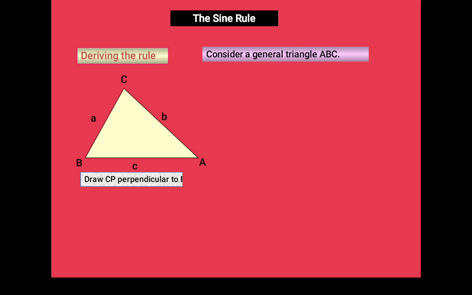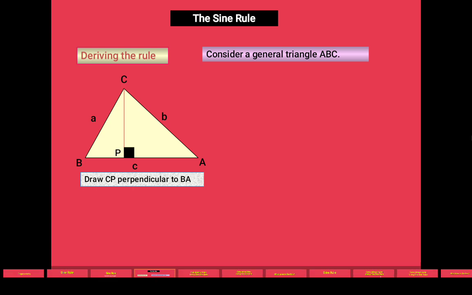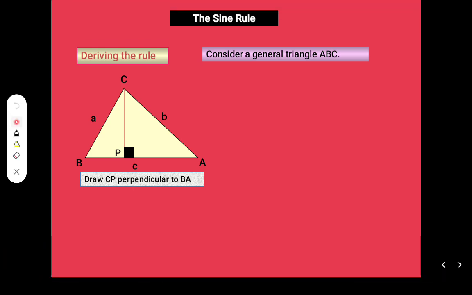So let's draw a line CP perpendicular to BA. We have drawn an additional line, CP, so that it makes a 90-degree angle with the line BA, this angle here being 90 degrees.